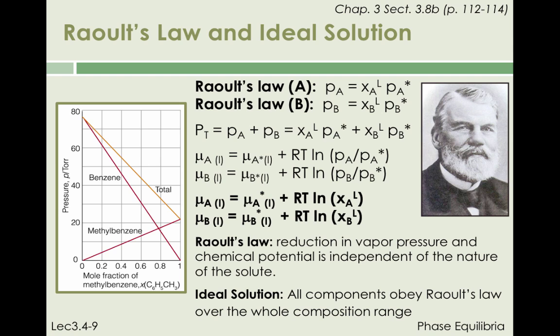The simple thermodynamic behavior of solutions, where all components follow Raoult's law, has justified the calling of such solutions ideal solutions. Note that for a solution to be ideal, all components must follow Raoult's law over the whole composition range.